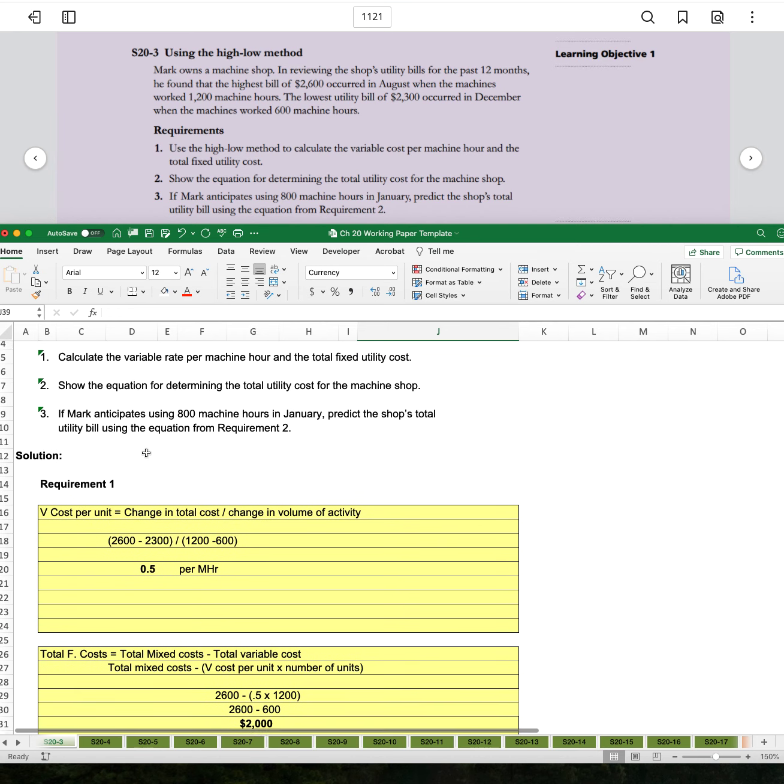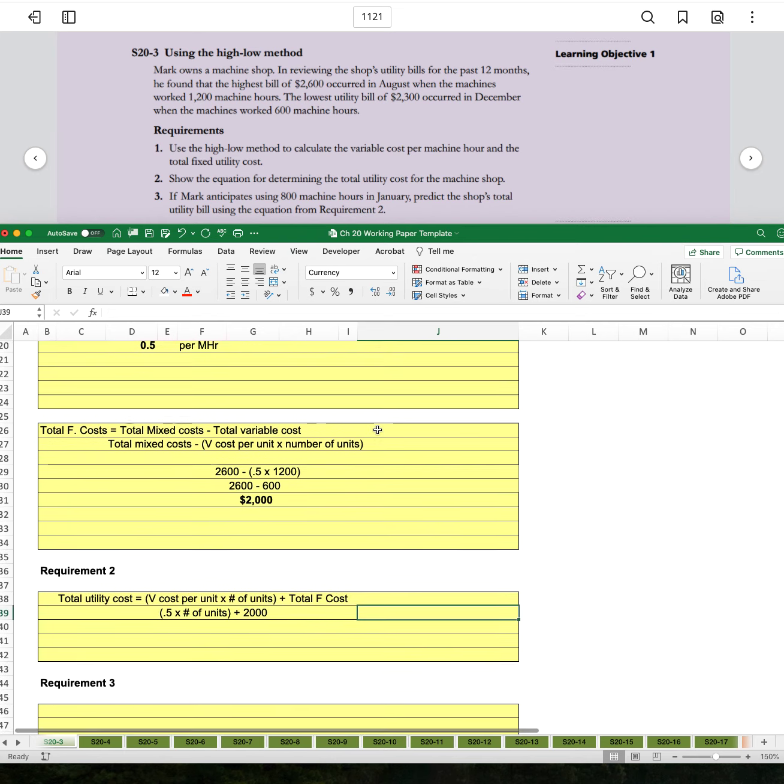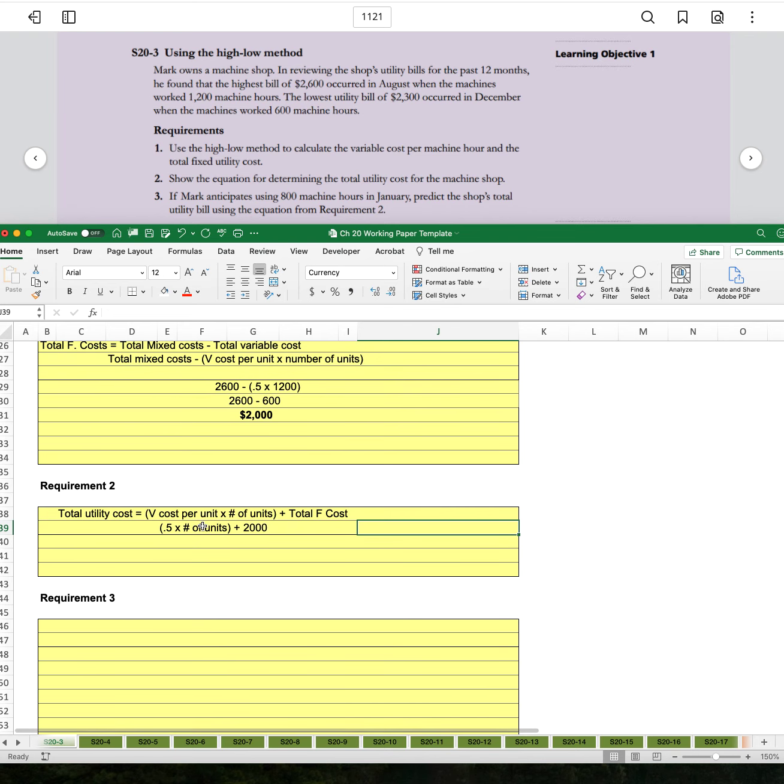And then part 3 said if Mark anticipates using 800 machine hours in January, predict the shop's total utility bill for the equation from requirement 2. And so we can plug 800 into number of units, or maybe instead of number of units, we want to say number of machine hours.